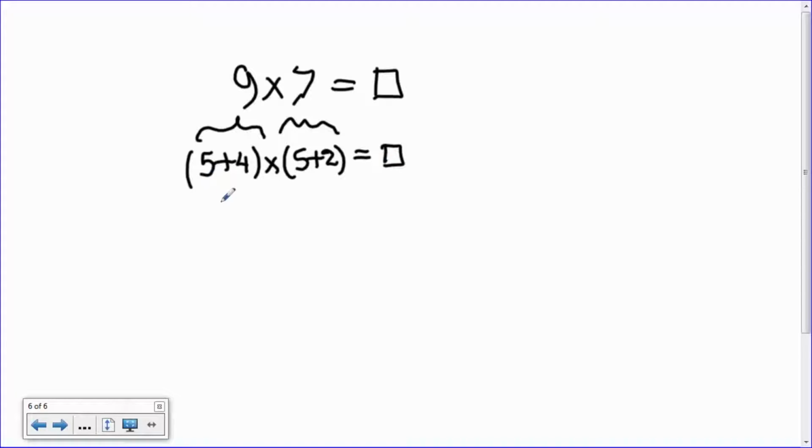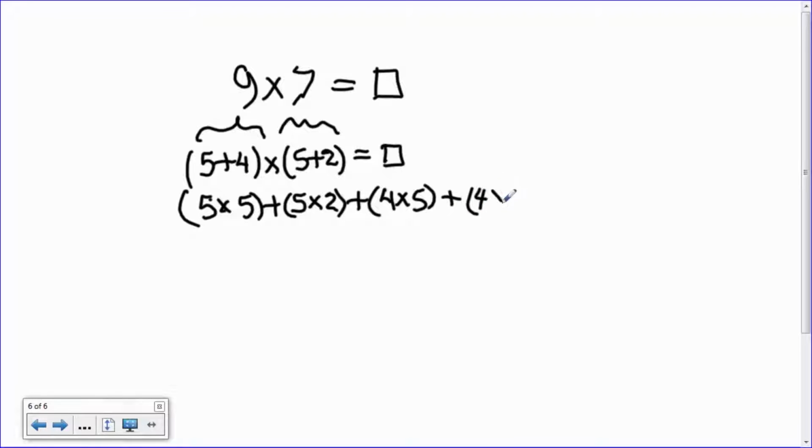This is 5 times 5 plus 5 times 2 plus 4 times 5, and finally 4 times 2. And we want to know what that is. Well, 5 times 5 is 25. 5 times 2 is 10. 4 times 5 is 20. And finally 4 times 2 is 8.